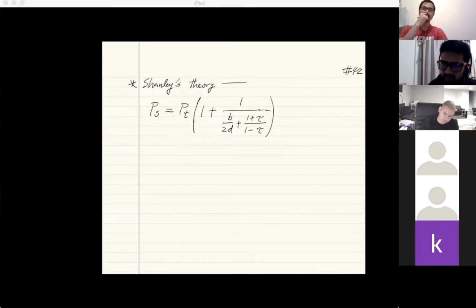So this is the failure load predicted by Shanley's theory.